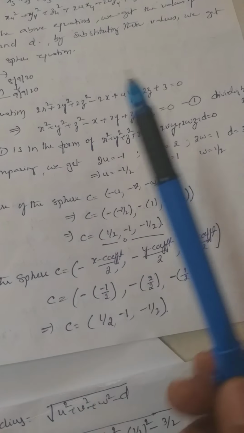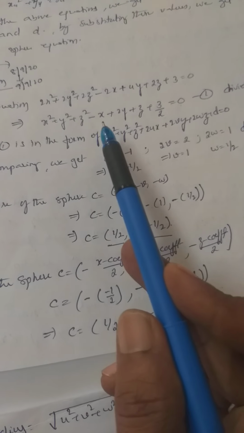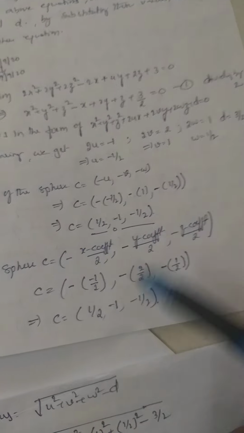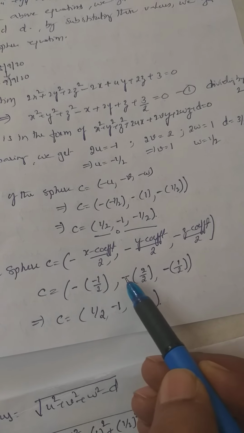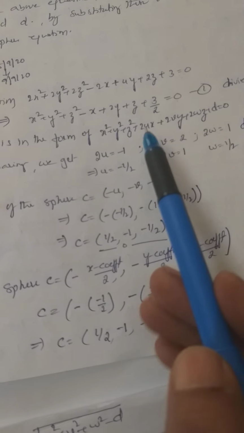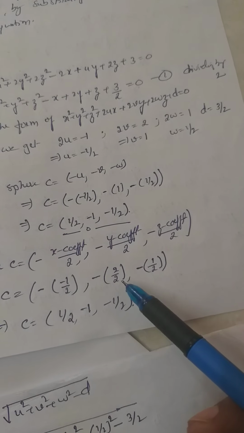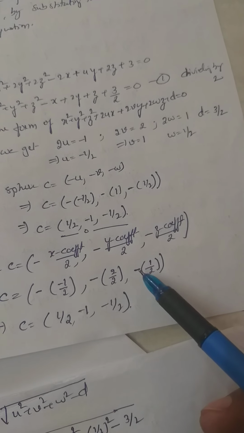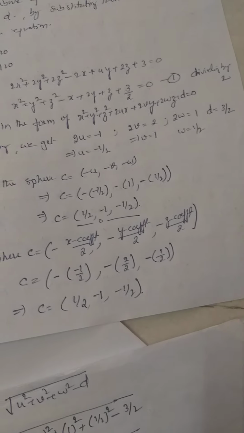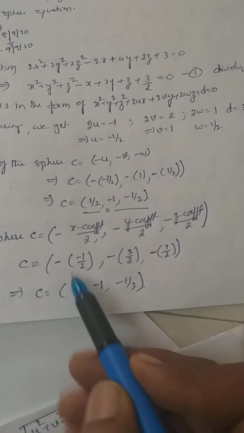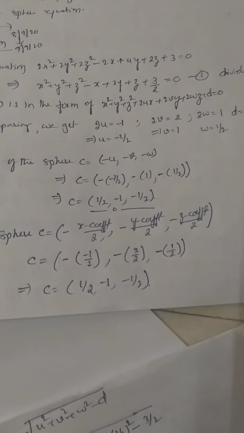The x coefficient is minus 1, so minus of minus 1 by 2; the y coefficient is 2, so minus 2 by 2; the z coefficient is 1, so minus 1 by 2, right? Now since minus of minus is plus, this is the center of the sphere.